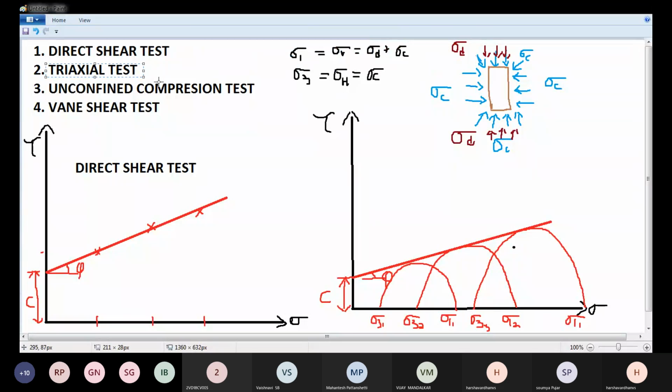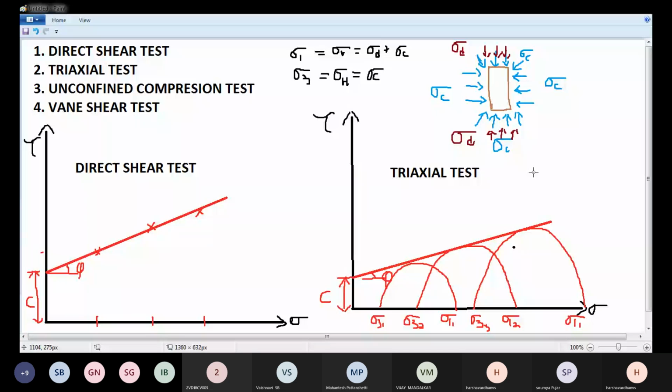And the problems will have a theoretical solution as well as an analytical solution. If it is not mentioned in the question, you can solve it analytically or you can solve it graphically. But if it is asked in the question to solve graphically, then you have to solve graphically and plot all the graphs.